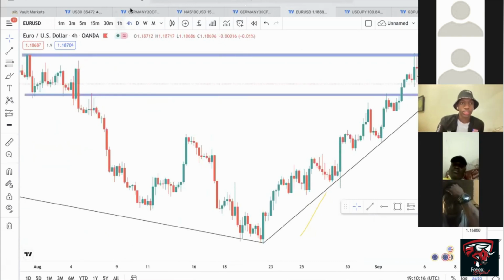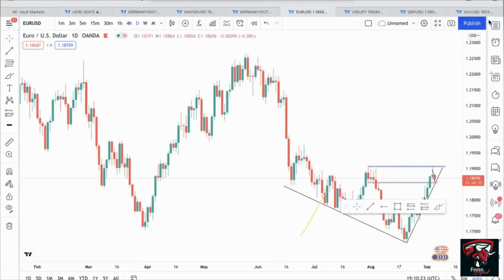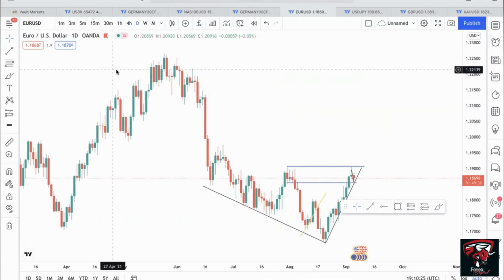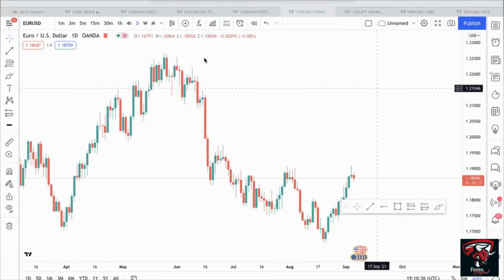Okay, let's go a bit into currencies. I want to delete this yellow drawing. Please be with me, guys. There we go. Okay, currencies.